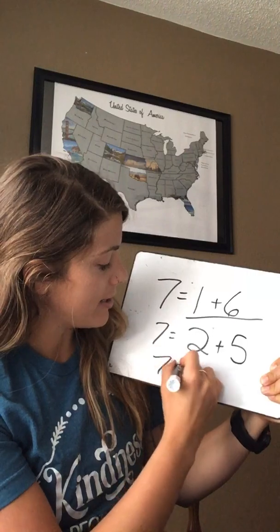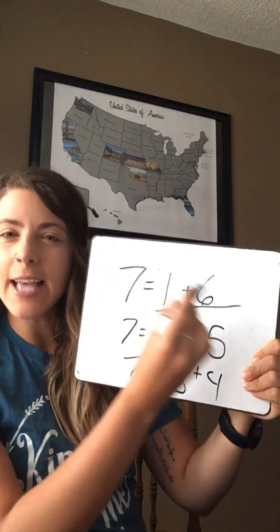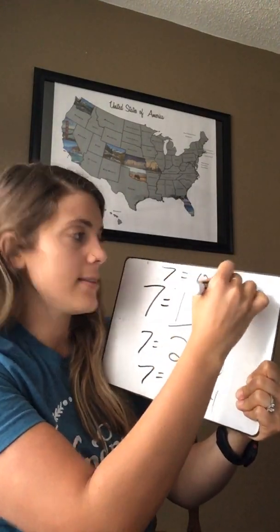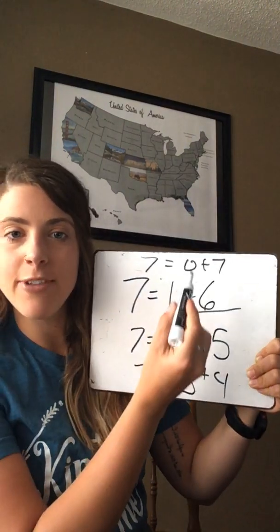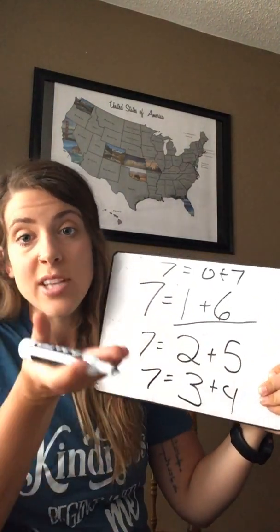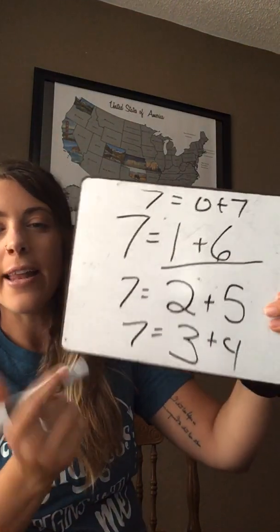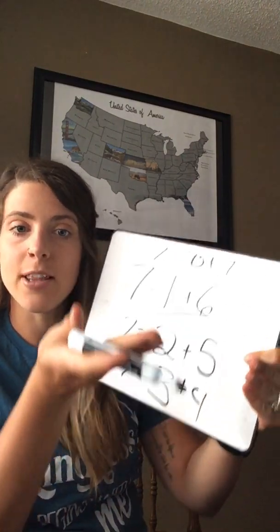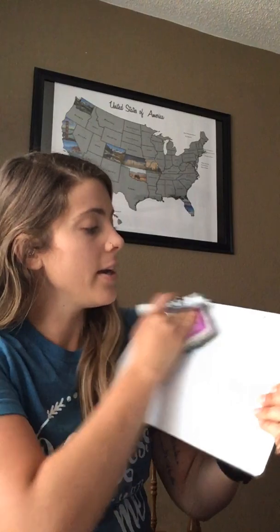We could say 7 is the same as 3 plus 4. So you could have written several different things. Or you could even write 7 is the same as 0 plus 7. So all of those are equal because all of these over here equal 7. So 7 is the same as 7. Yep, those are the same. They're equal. And even if the whole is on this side, that's still equal. That's all that matters is they're the same. They balance out.